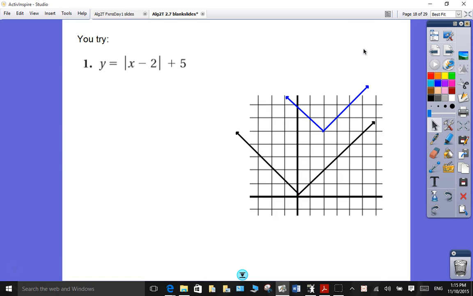See that? It should have gone 2 to the right, 5 up. The A is 1, right? So the slope on the right side is 1, the slope on the left side is -1. We good with that? Prayashi? Okay?